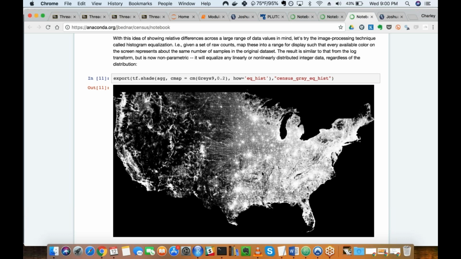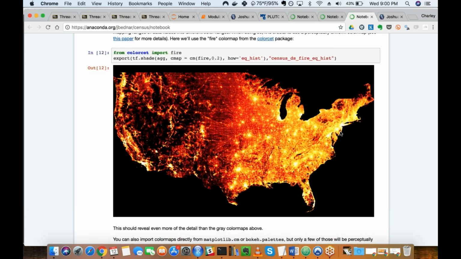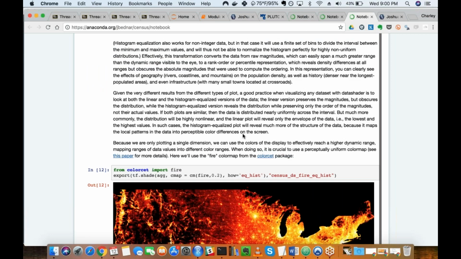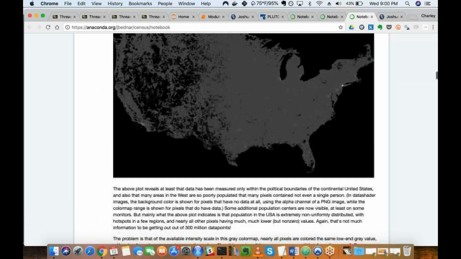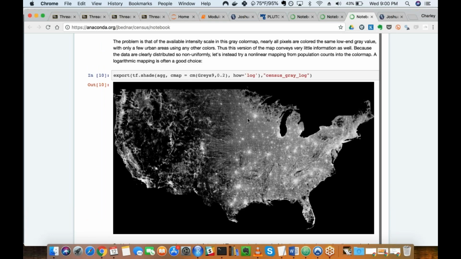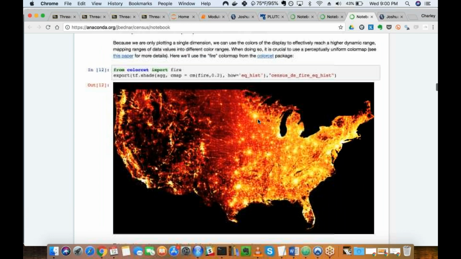They show different strategies of dealing with this, but what we're getting is a heat map of population. So you can see the cities as where most people are living.